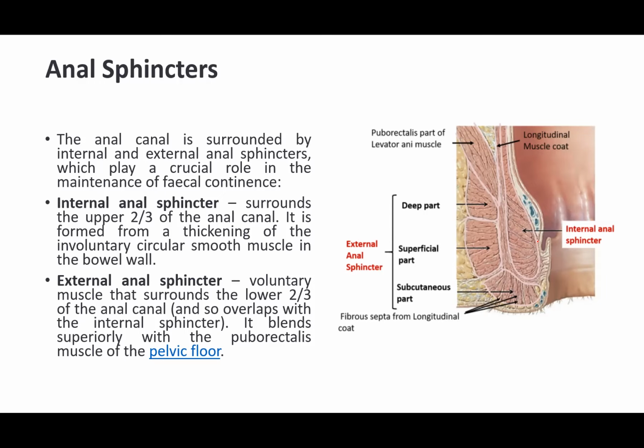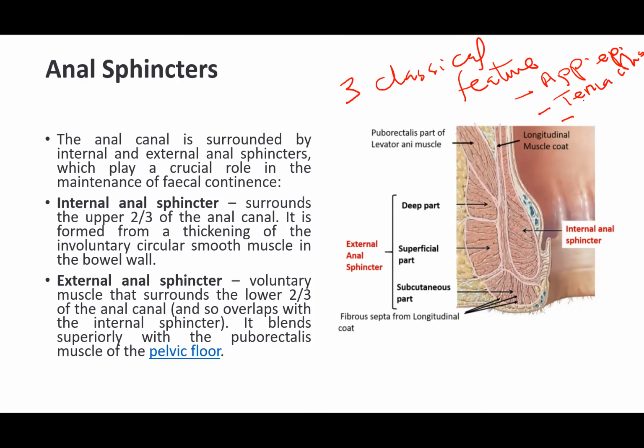Now you should know the distinct features of the anorectum, the anus and the rectum, that make them different from the large intestine. If you remember, yesterday we mentioned the three classical features of the colon, which are appendices epiploicae, tinea coli, as well as the haustrations.